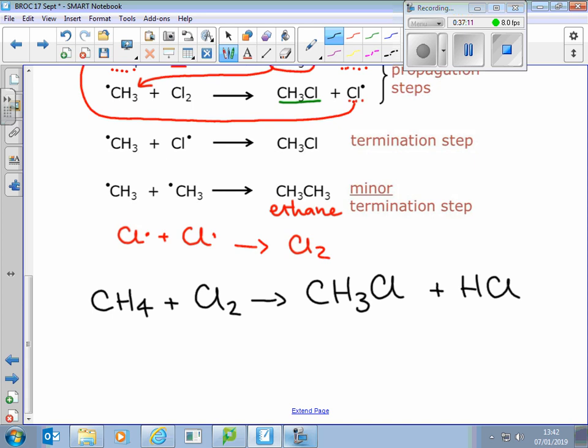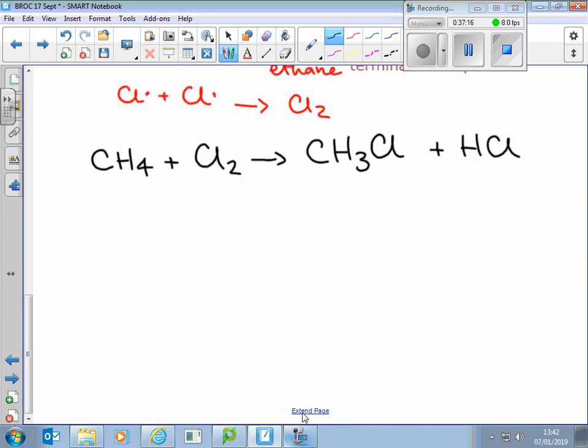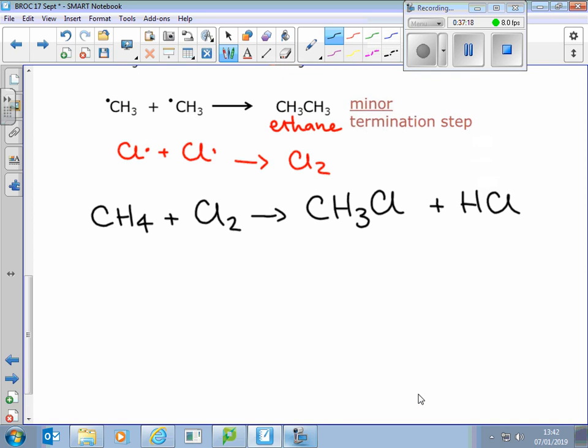Not necessarily. Because if chlorine replaces one of the hydrogens on a methane, will it just stop at that? Why would it? So, you know, what we've done so far is that. Now, if you've got enough chlorine, it could go on and replace all the other hydrogens, basically.